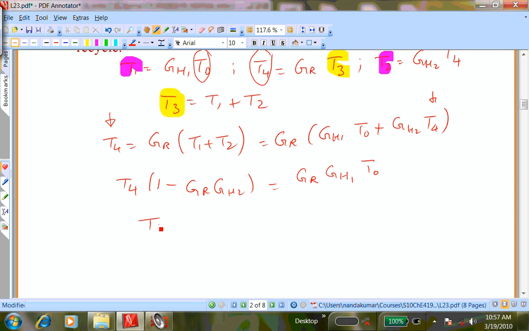So T4 divided by T0 is GR times GH1 divided by 1 minus GR times GH2. That is the effective transfer function GE.